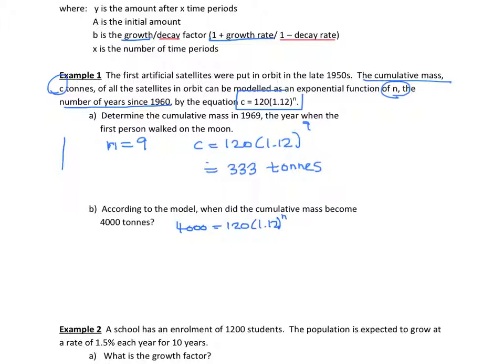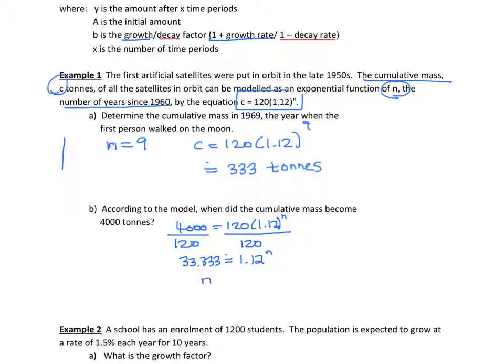And then remember from the last lesson when you were learning to solve these types of equations, the first thing I told you to do was divide both sides by this number in front of the brackets if there is one. And this particular question should look familiar because it's actually the same equation I gave you in your lesson yesterday. So this reduces down now to 33.333 repeated. And on this side, 1.12 to the exponent n.